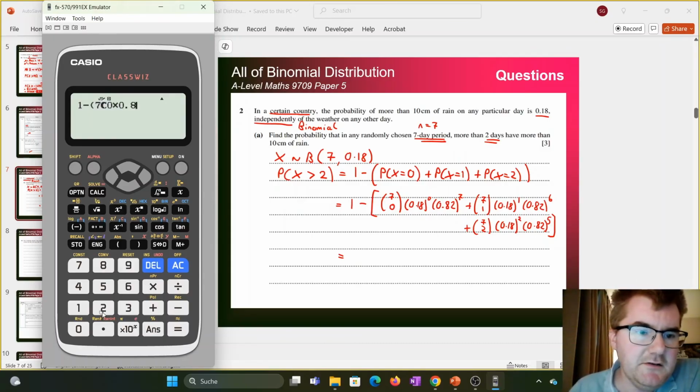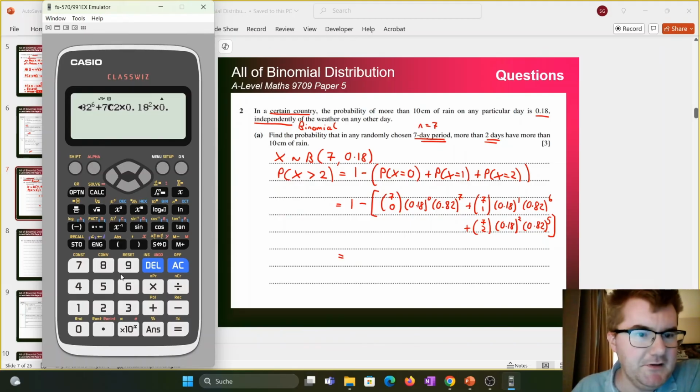So 0.82 to the power of 7 plus 7 choose 1 times 0.18 times 0.82 to the power of 6 plus 7 choose 2 times 0.18 squared times 0.82 to the power of 5, close brackets, press equal.